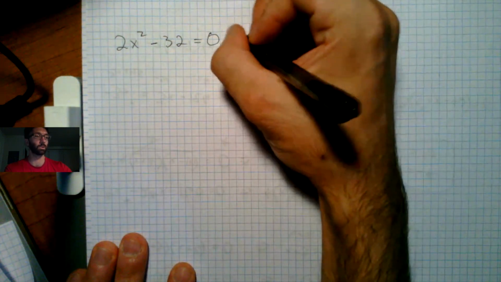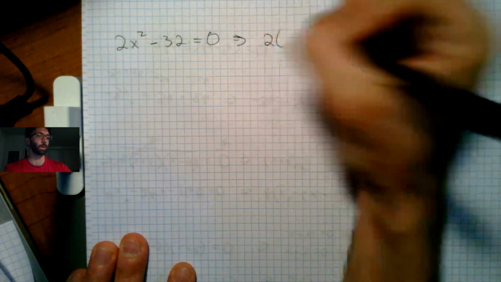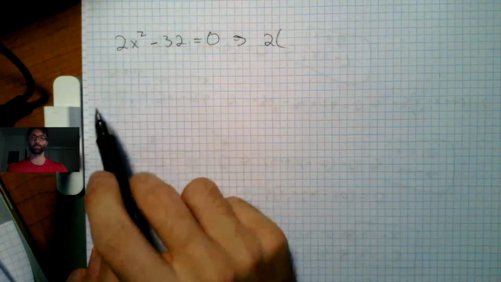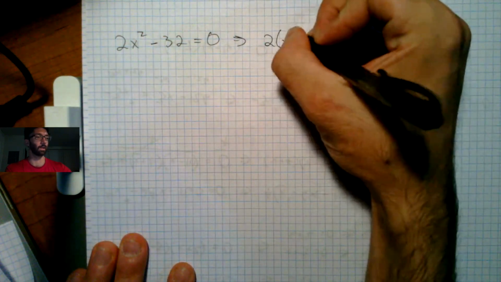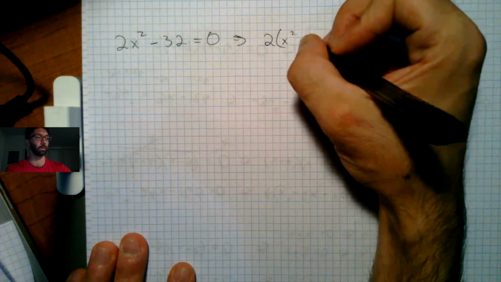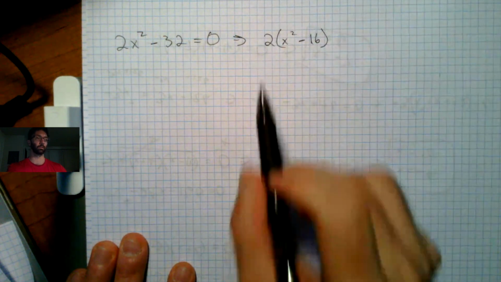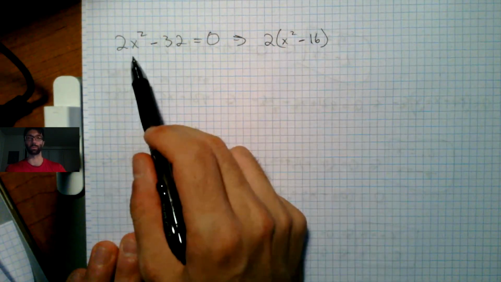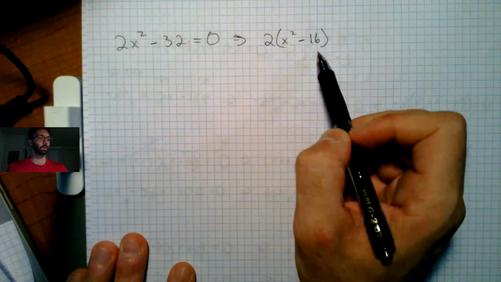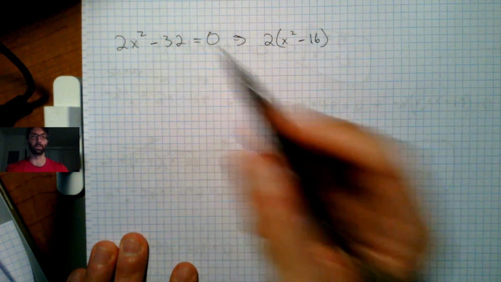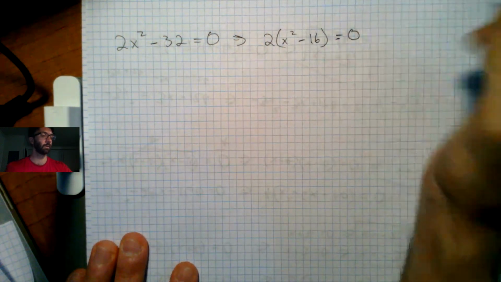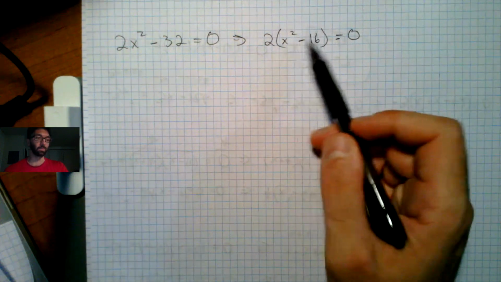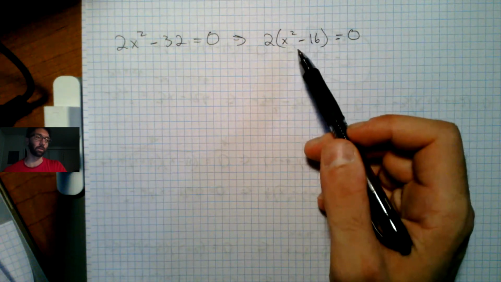So I will factor out a 2, and then I'll end up with x squared minus 16, right? Because 2 times x squared gives me the 2x squared, and 2 times -16 gives me the -32. And now you'll see that in these parentheses is a difference of squares that I can factor.